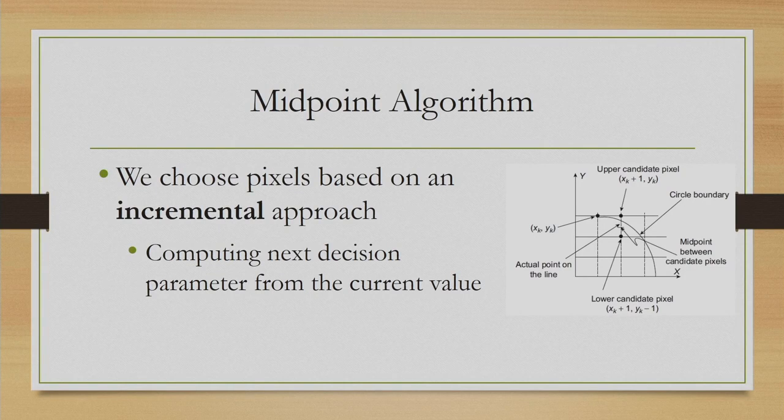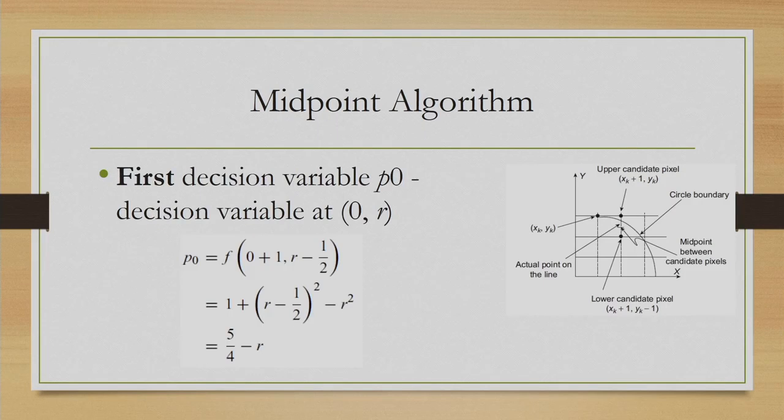And we choose the pixels based on an incremental approach, that is computing the next decision parameter from the current value, and that too by avoiding floating point operations. However, that need not be the case, because here the initial decision parameter or decision variable involves floating point operation, and we have to keep that in mind.